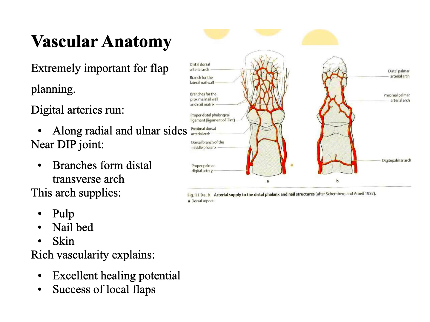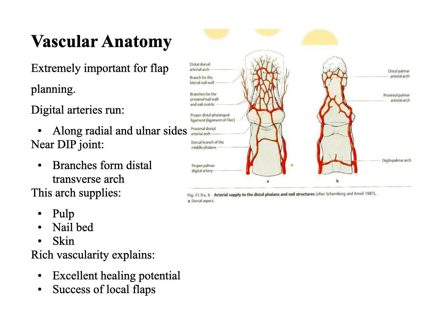So, the digital arteries: we know we have two digital arteries for every finger, two volar digital arteries for every finger, and sometimes a dorsal bundle. The dorsal bundle is consistent in the thumb and index, may be found in the middle, and less in the ring and little fingers.